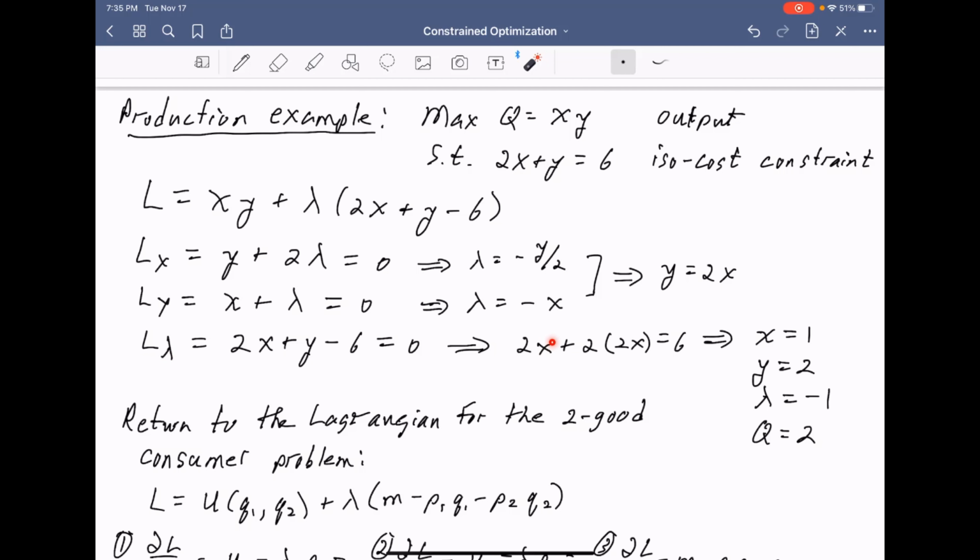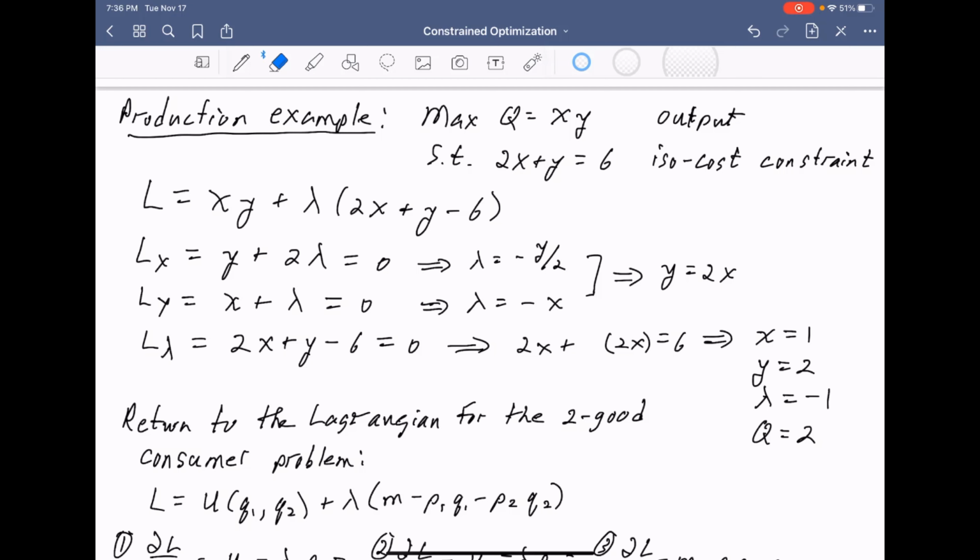And we get 2x plus 2 times 2x, and we get 6. But I see that that's a bit of an error. That should not be a 2 there. So let me just correct that a minute. Let's first erase that. So we get 2x plus 2x is equal to 6.